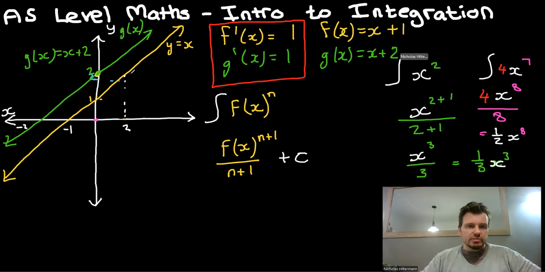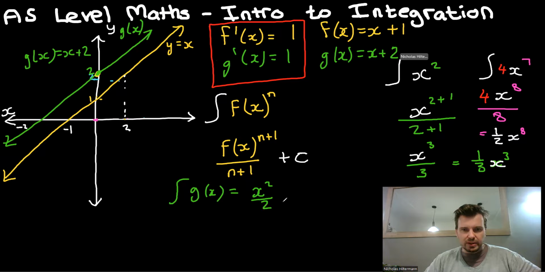So remember, we're trying to find the area. So we'll say the integral of g of x, that's the notation here, is equal to, we add 1 to the exponent and we divide by 2. And then the 2 becomes 2x and then plus c. We just need to add that plus c on.